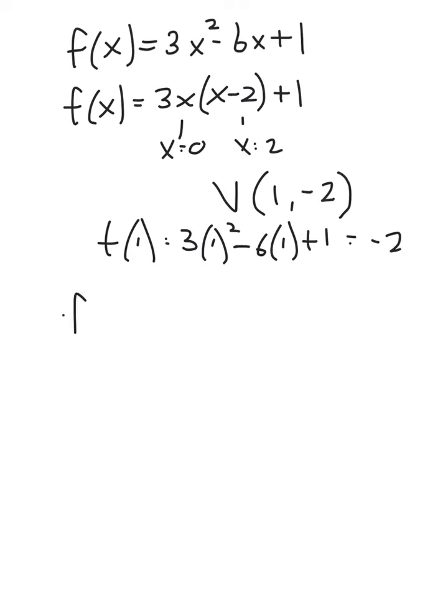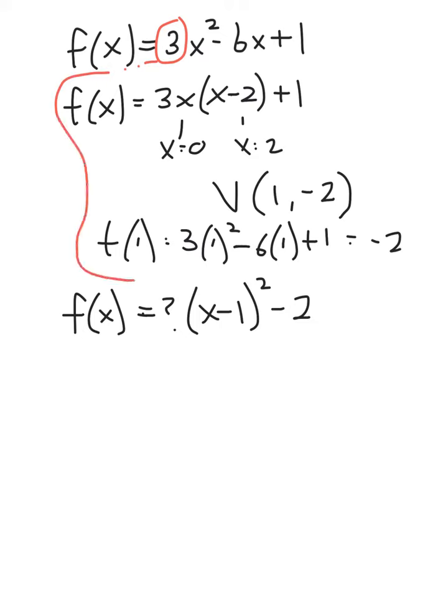So therefore the original function is f of x equals x minus 1 squared minus 2, because that would give me vertex 1, negative 2. What number goes in front here is quite interesting. It is simply the number at the top here in front. The original a value here will go right there. So therefore this value here is going to be 3.